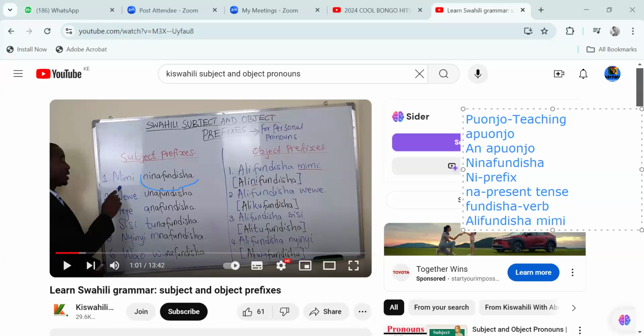Actually, alifundisha mimi in English translation is correct because English will say, he taught me. But in Kiswahili, it's not correct. In our language, you bring the me inside before the verb, that's why we have ali ni. The ni prefix represents me before the verb, which is fundisha. I think that's what Brother Coco is trying to make you understand here.